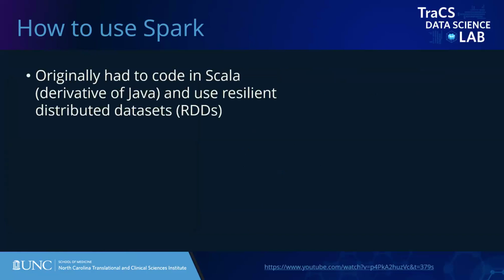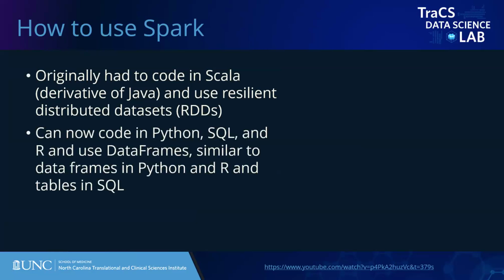Spark was originally written in Scala, and it still is for the most part, Scala being a derivative of the Java programming language. So when Spark came out, to use it, you had to write code in Scala, and you had to use a data structure called resilient distributed datasets. And people did not like these; they're a bit cumbersome and non-intuitive to work with.